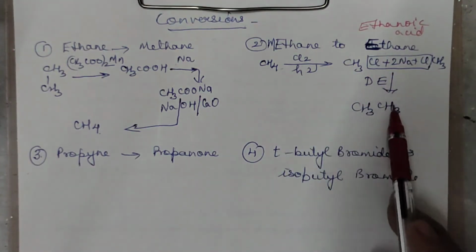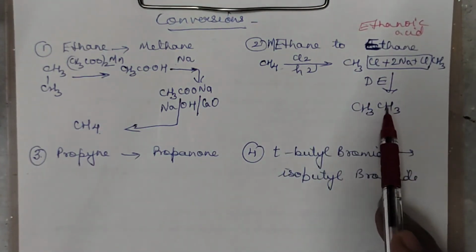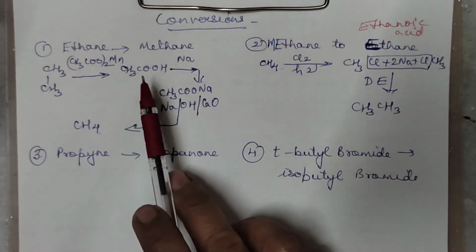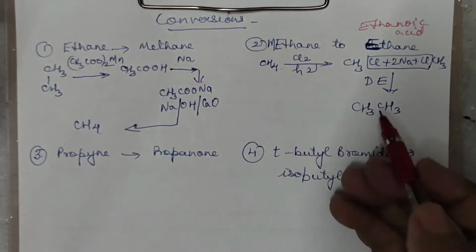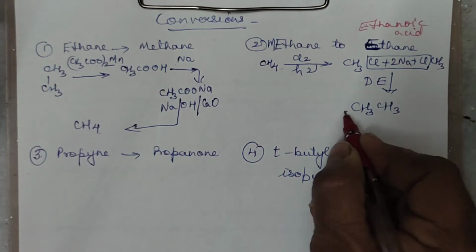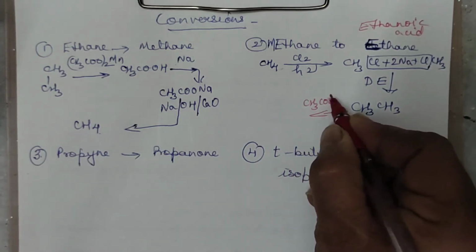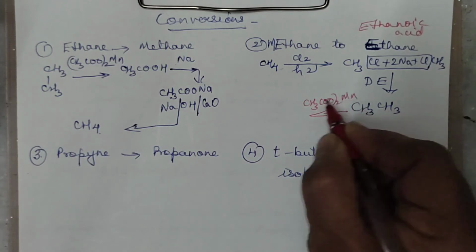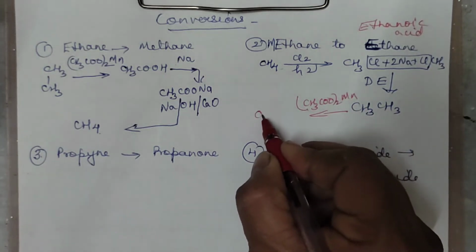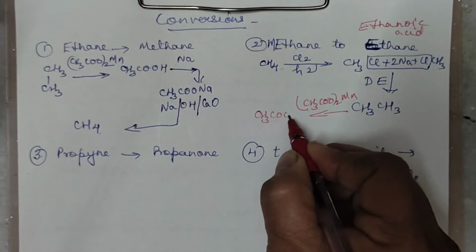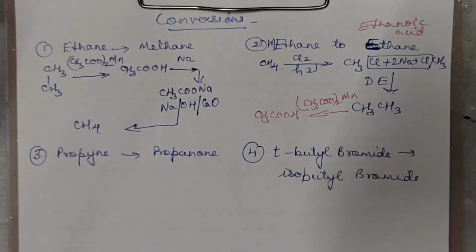So till here it will be the same, and then from ethane you have to prepare ethanoic acid. That means by this method. So you will add one more step in this. Carry out the reaction in the presence of manganese acetate, and when you do that, what you get is ethanoic acid. So remember what is given in the question. Accordingly you will use it.